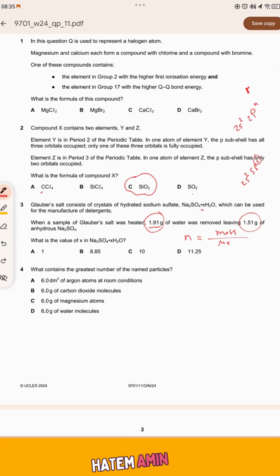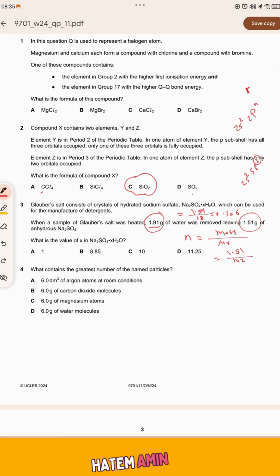So the number of moles in the case of water equals 1.91 over 18, which equals 0.106. In the case of the anhydrous salt, it equals 1.51 gram divided by the molar mass of sodium sulfate, which is 142.